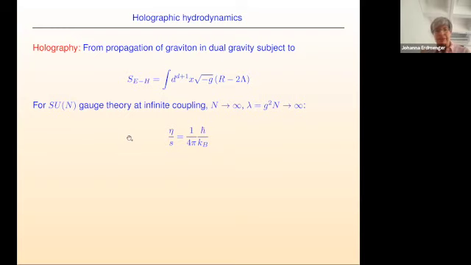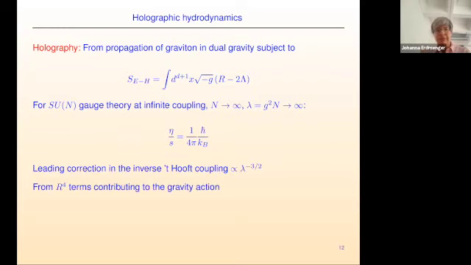And so just to summarize what happens in this new paper that I'm about to explain. In the new paper, we calculated the leading correction in the inverse 't Hooft coupling. So this is a result at infinite coupling, okay? That's what I discussed yesterday. But of course, in real condensed matter physics, we never get infinite coupling. I mean, we get maybe some very big coupling, but not infinite, okay?